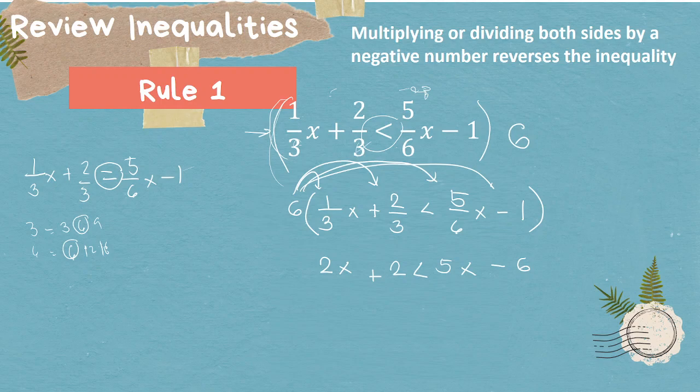Am I correct? Mr. John, am I correct? So, if we transform this 5x to the other side of the equation, and we transform this 2 to the other side of the equation, leaving x behind, we will have 2x minus 5x less than negative 6 minus 2.